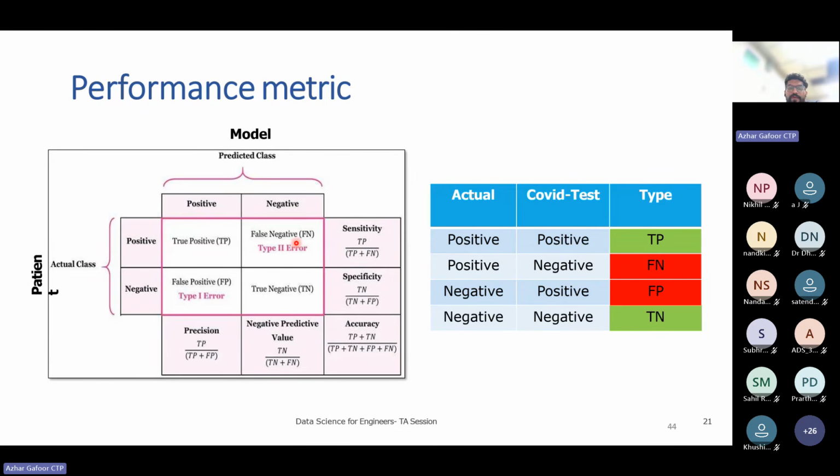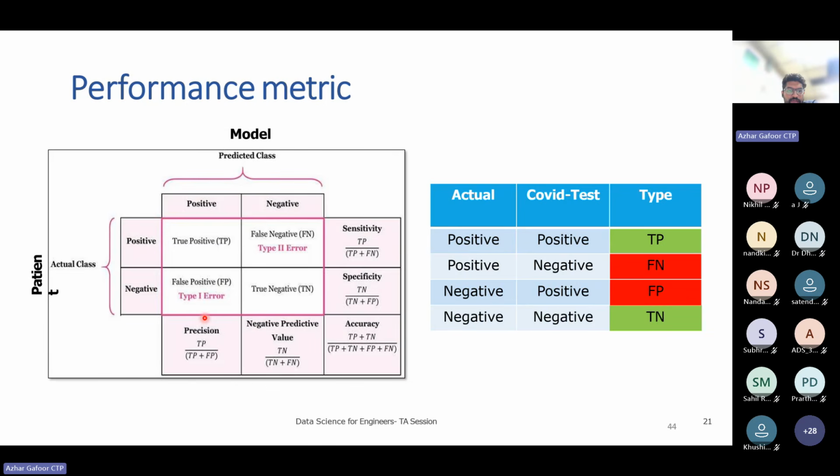During the COVID pandemic, if an actual case was positive and our test predicted it as negative, that is an actual problem. Whereas if a negative COVID patient was falsely given as positive, that is wrong, but still not as impactful as a true positive case being considered negative.